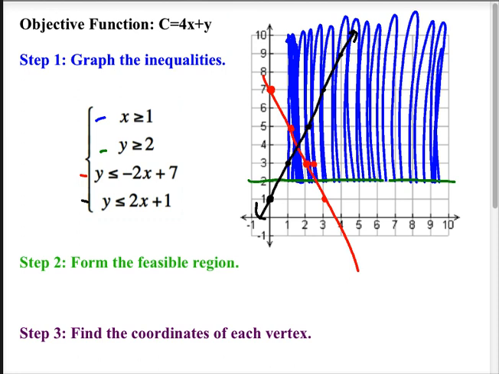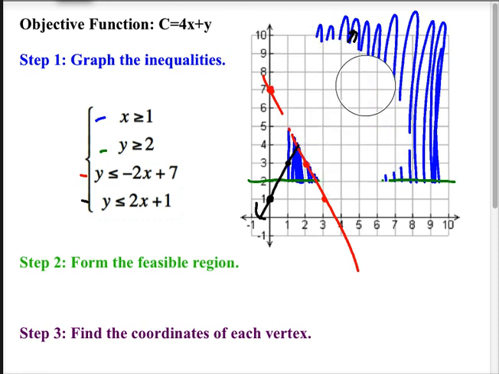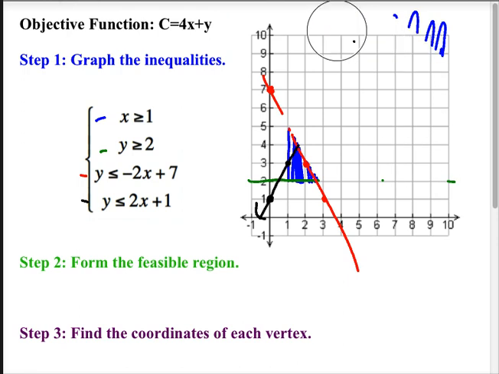All right. So if I want everything that's less than the red line, that means I'm going to erase everything that's up here. And if I want everything less than the red line, or less than the black line, that's going to be everything right here.